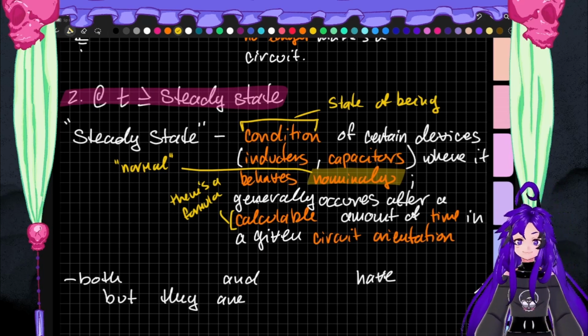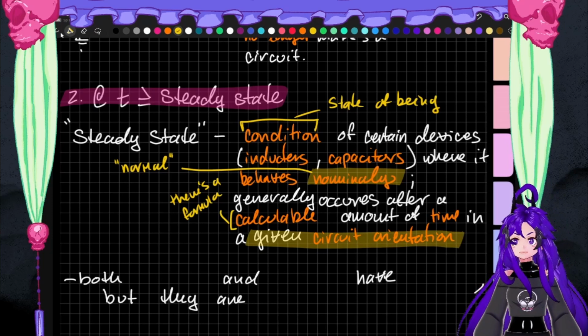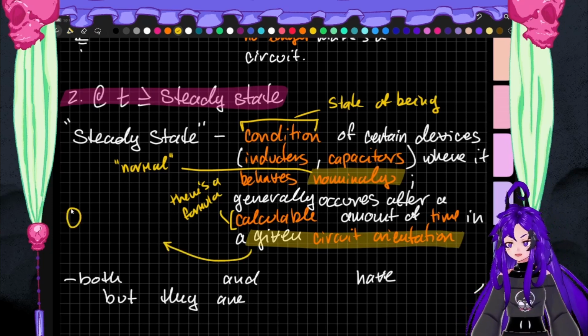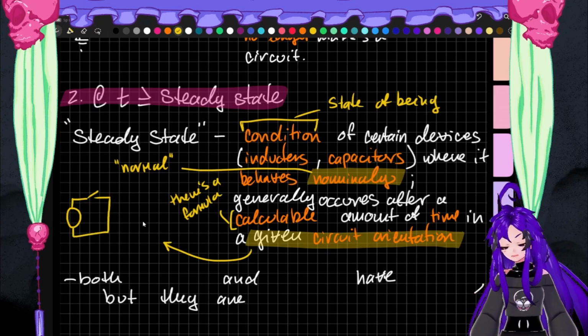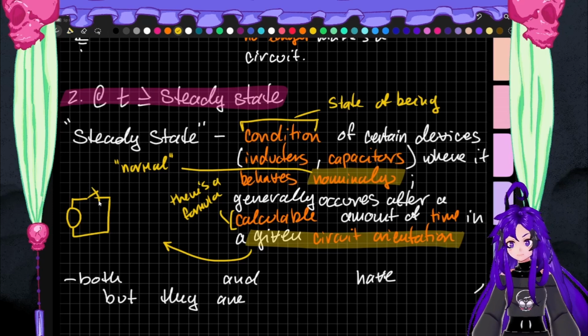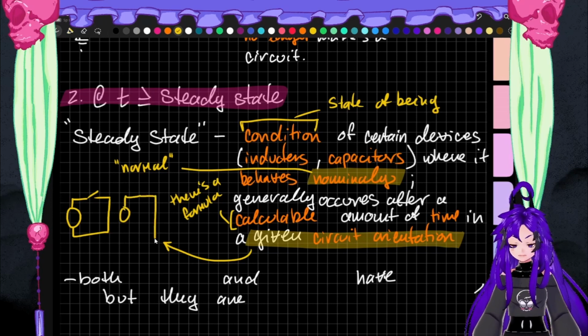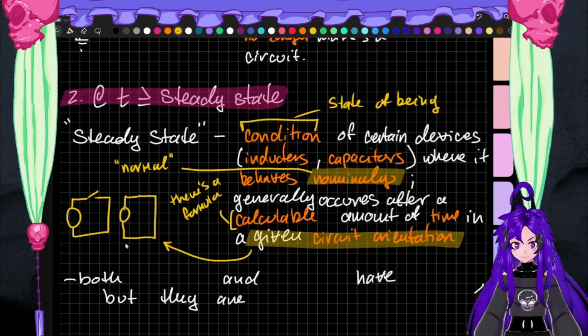In a given circuit orientation. So, what that means is when the switch closes is one circuit orientation. Having the switch open is a circuit orientation. Switch closed, different circuit orientation.